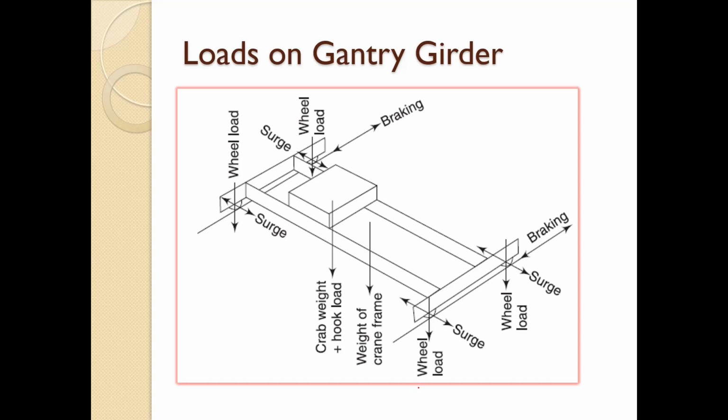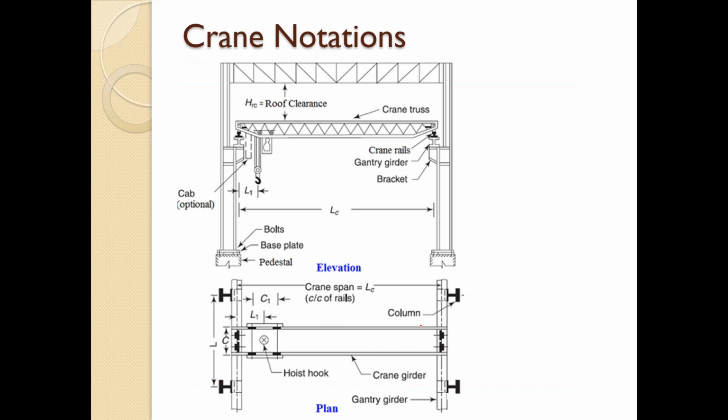So basically this is the gantry girder, and if you see here, this tension flange is fixed over here. Only this compression flange tends to move, or tends to handle these lateral loads that are coming from this area.